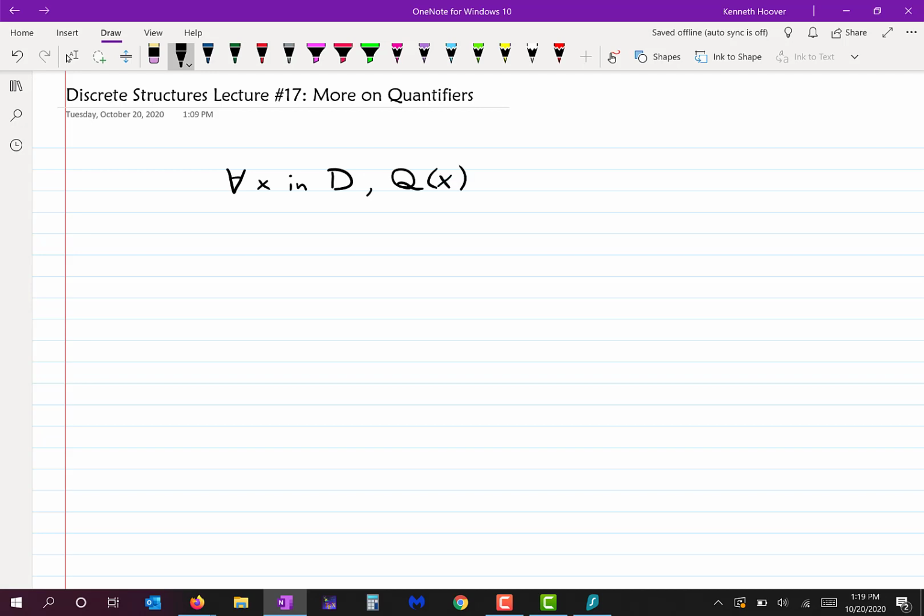So that is saying that Q of x is true for every x in the set D. Okay? All right, I want to write down what is the negation of that. Okay? So maybe we should do an example.